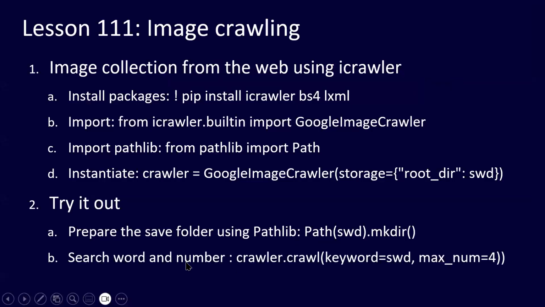Now, search word and number. crawler.crawl with keyword equals search word, and max_num equals, for example, 4 if we want 4 images.